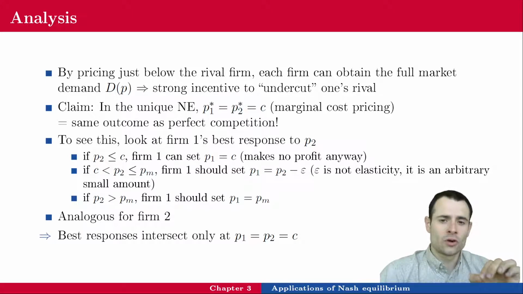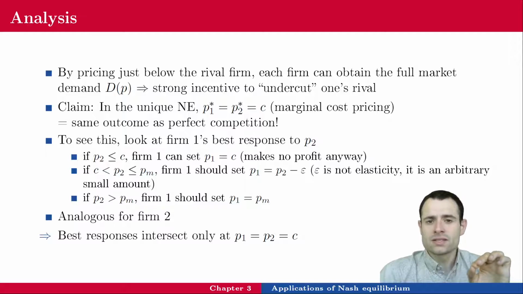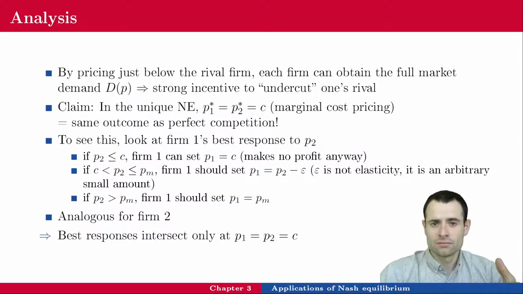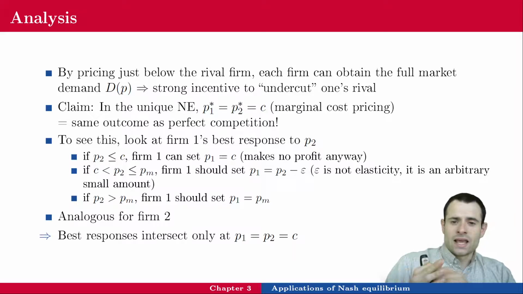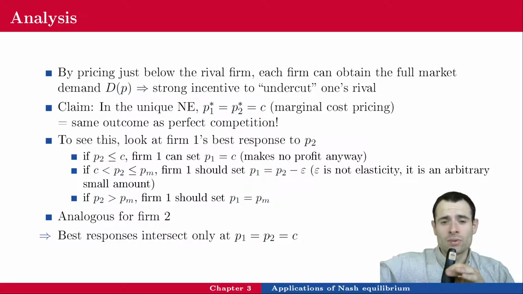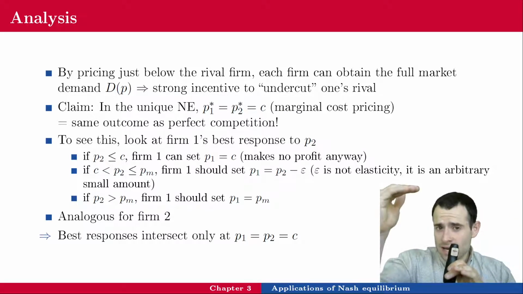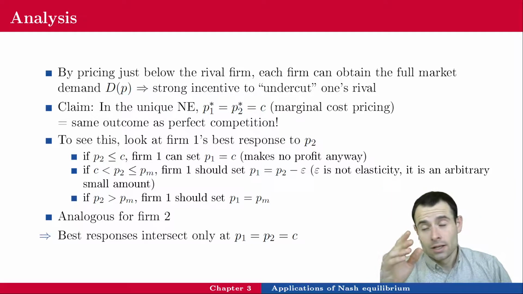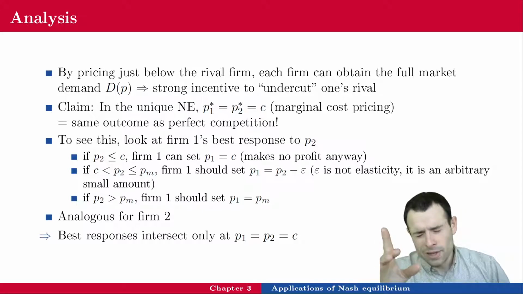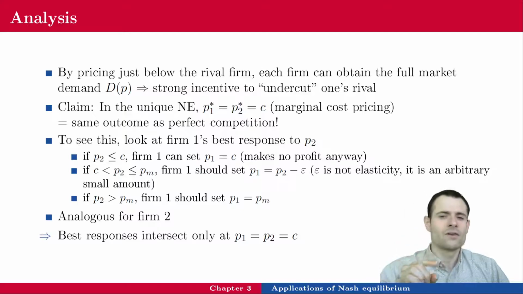So if a firm is alone on the market, the monopoly price is the profit maximizing per unit price, excluding price discrimination, of course. So if firm 2 decides on a price which is higher than the monopoly price, going slightly lower is like charging $1 billion or $999,999,999 and 99 cents for an iPhone.